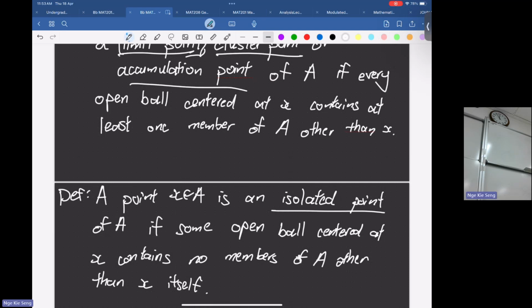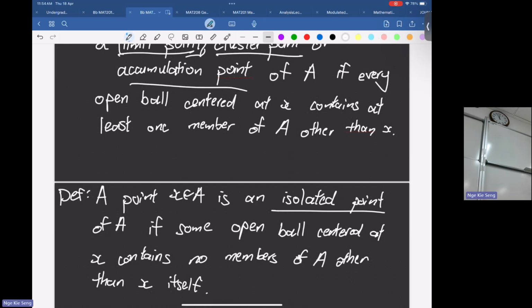You see here it says contain at least one member other than X, so you can pick another thing other than X. Wait, not A minus X, it's the ball minus X. A minus X is a bit big. We want to form a convergence.